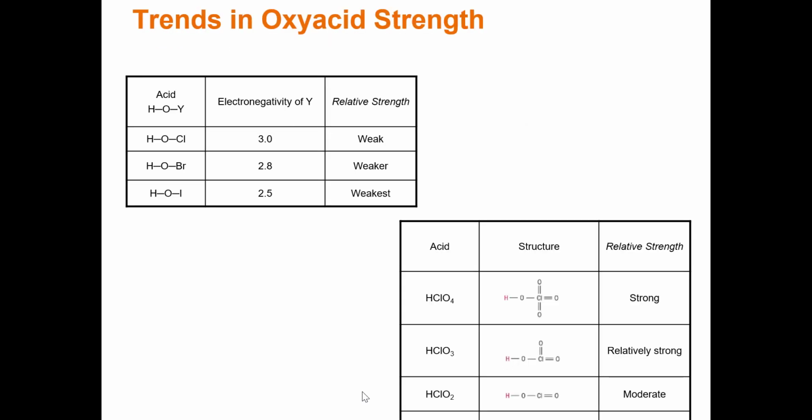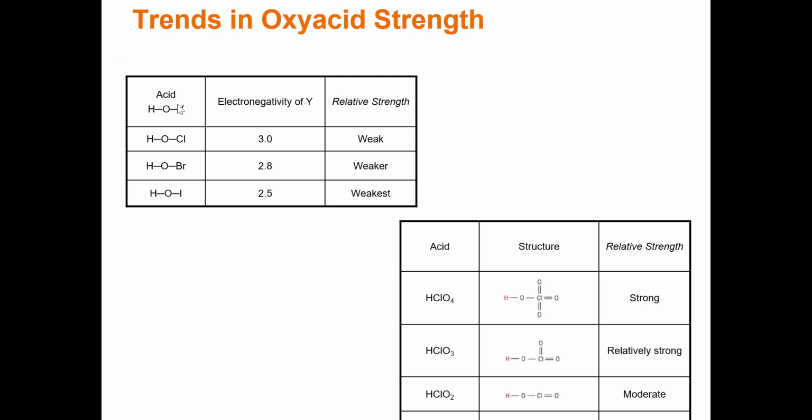We also want to look at not just the binary acids, but the oxyacids, and we're seeing some trends here. So I want to just take a minute and look at these, and then we'll try to explain the trend. In the first box, we have oxyacids where you just have one other additional atom besides the O and H. In each case, the bond is oxygen to hydrogen, and then oxygen also to whatever else is present.